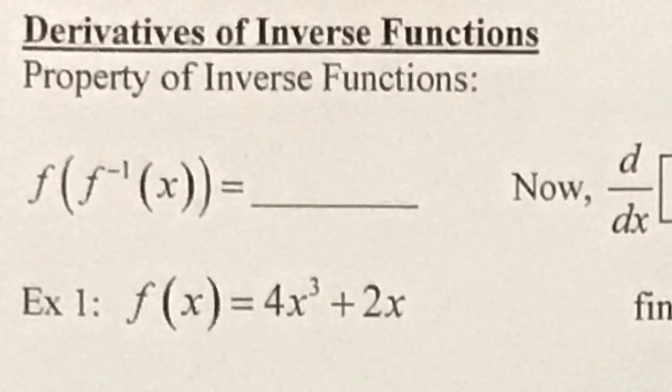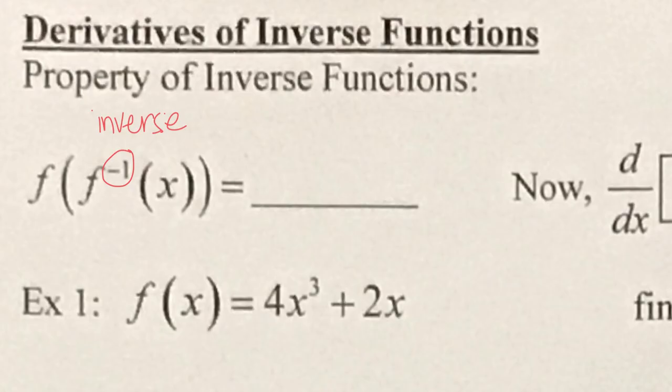So this notation, this -1, is our inverse notation. Inverse operations or inverse functions are ones that, quote unquote, undo each other, like division and multiplication, or square rooting and squaring. Things that undo each other.